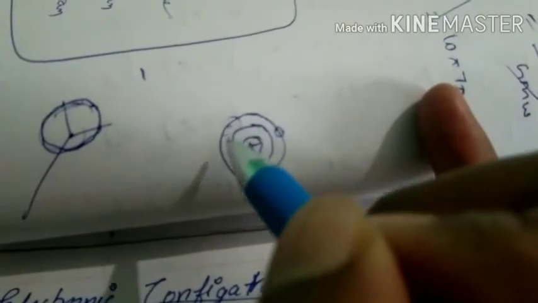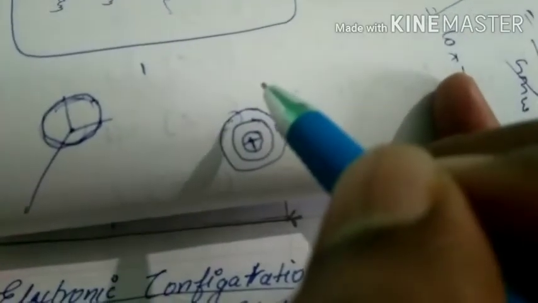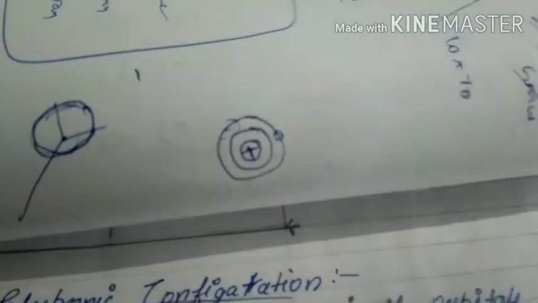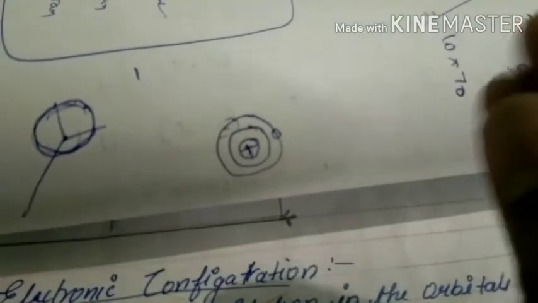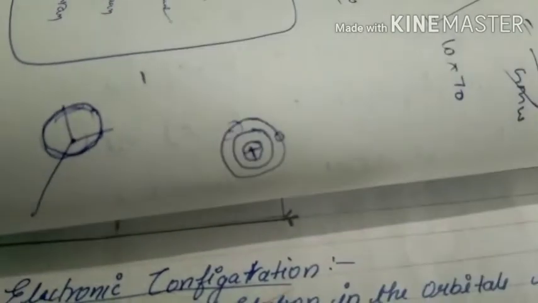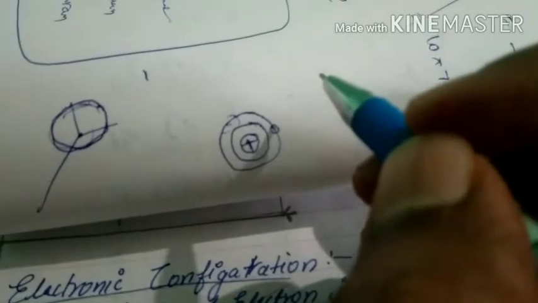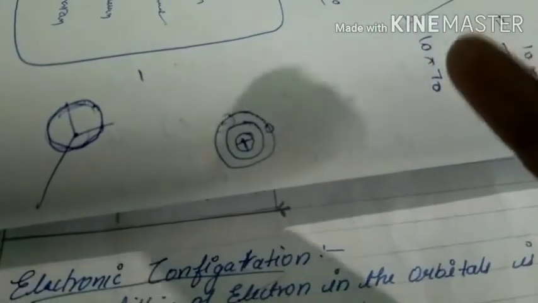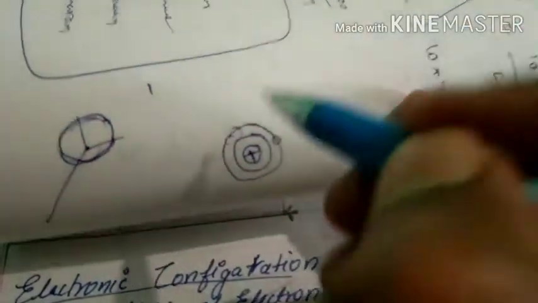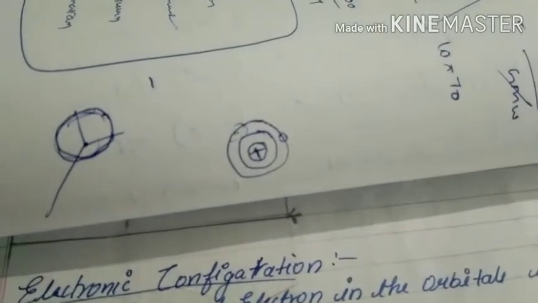The electron revolves around the nucleus continuously, but sometimes the electron is present at a particular space for more time, and in some particular places it exists for very little time. That is why that place is called a node. Where the electron is present more time, that particular place is called an orbital.